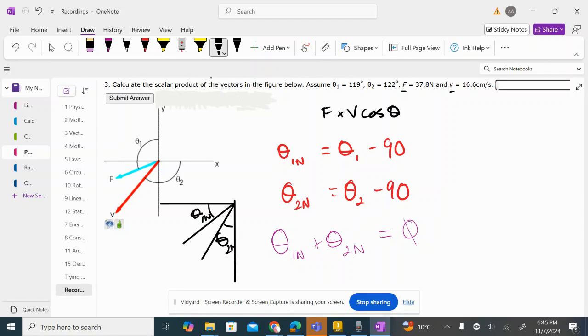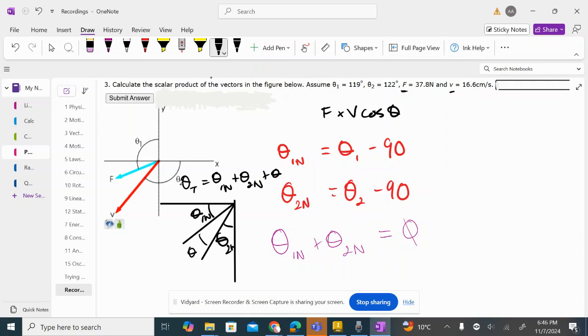Isn't it right to assume that this altogether, the equation for this, would be the total theta, or theta t, is equal to theta 1n plus theta 2n plus some theta, which is going to be this angle right here? Yeah, it would.